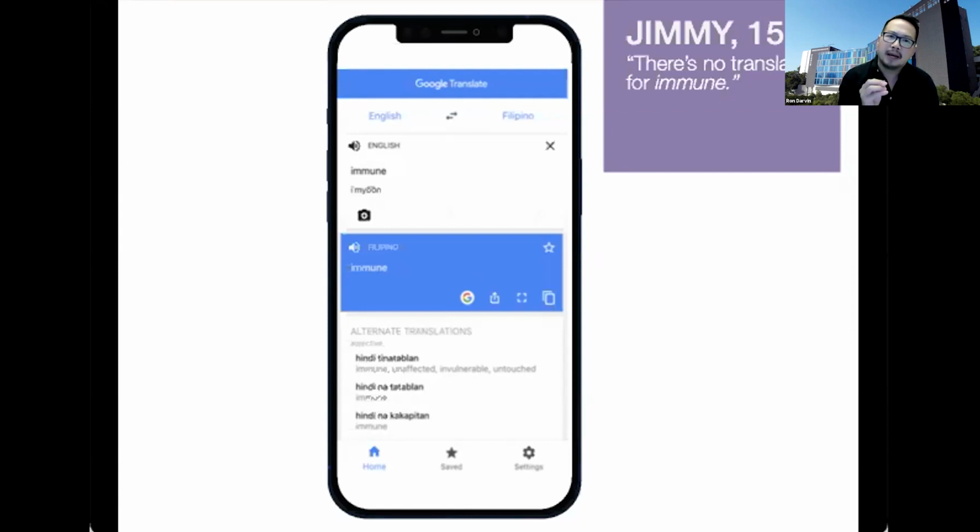And when you think about why it is that the other translations of immune in Filipino didn't show up in the blue box? Well, the reality, if you may not know, is that when we think about Google Translate, a lot of the translation data that it's based on, right, is on European Parliament proceedings, where they would have side-by-side translations of different languages, whether it's Spanish or French or German or whatnot.